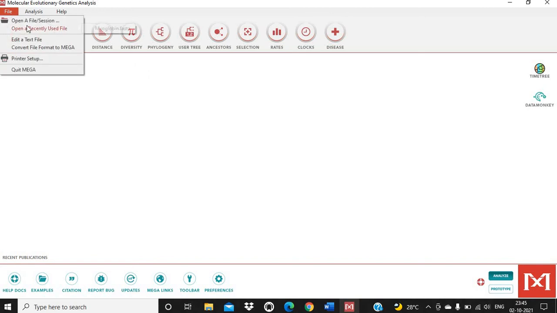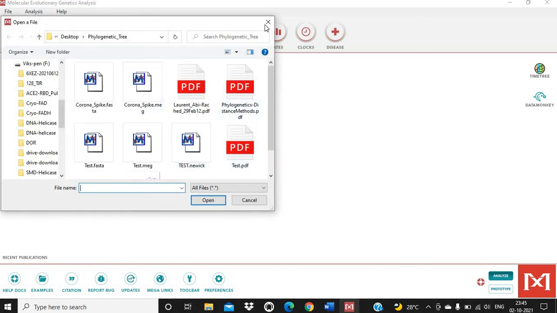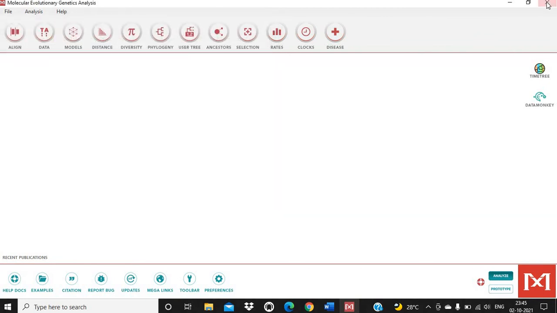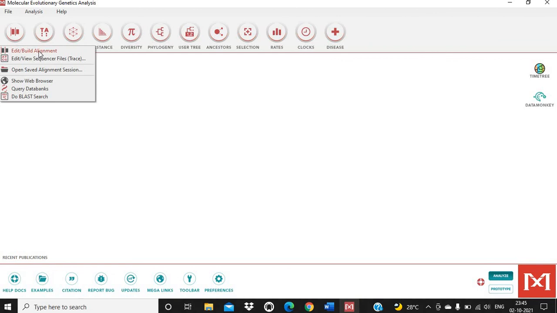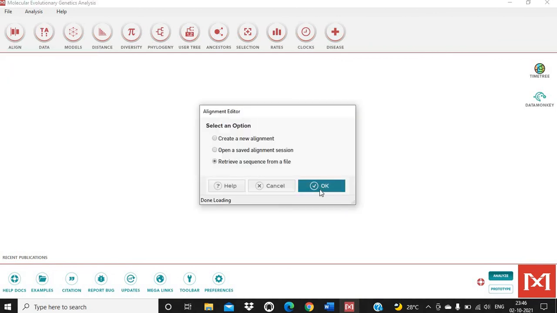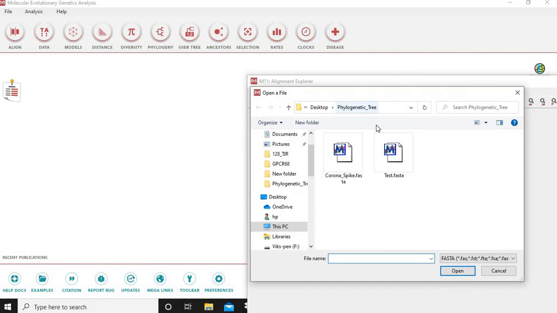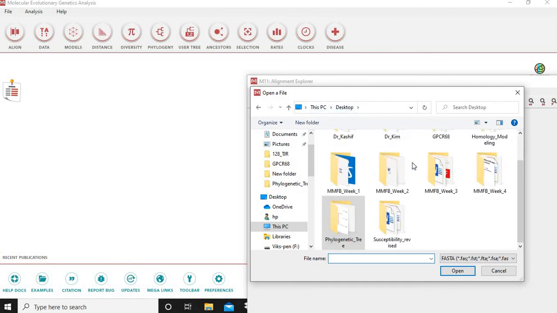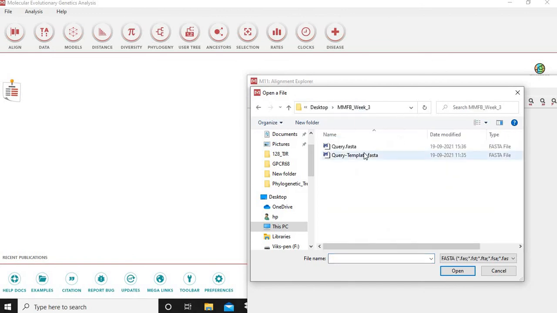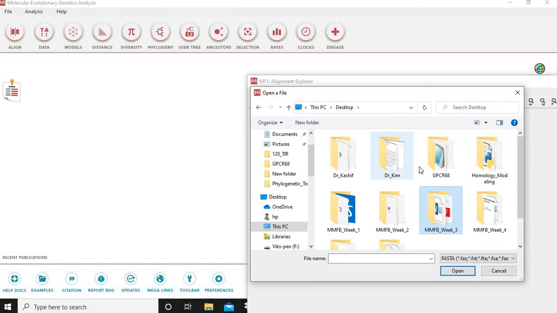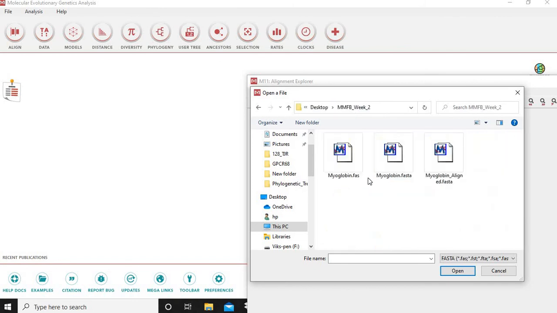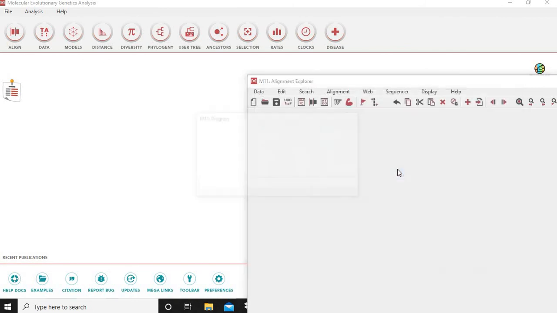So for that, file, not a session, rather, okay, so align, and it will build alignment, retrieve a sequence from file, and we are going to use the myoglobin fasta.